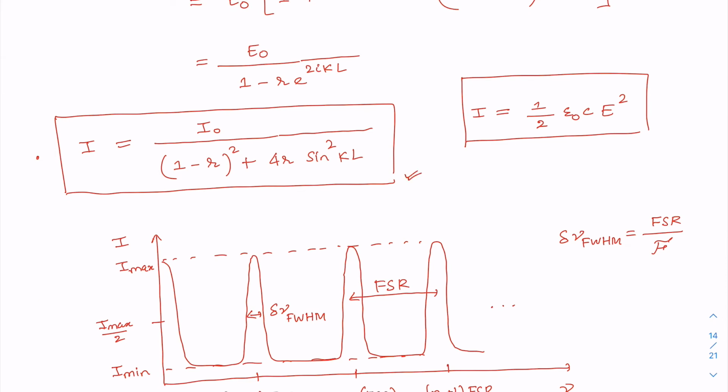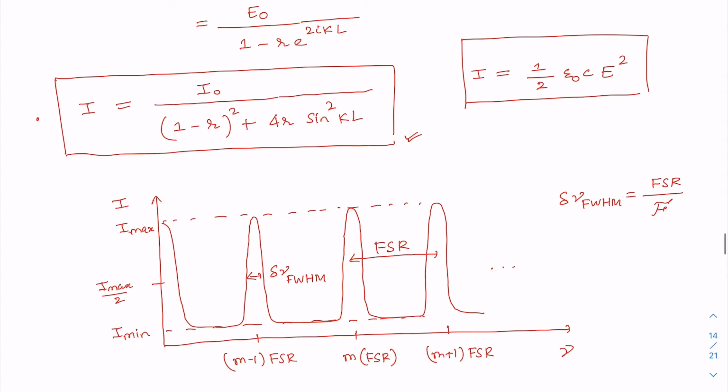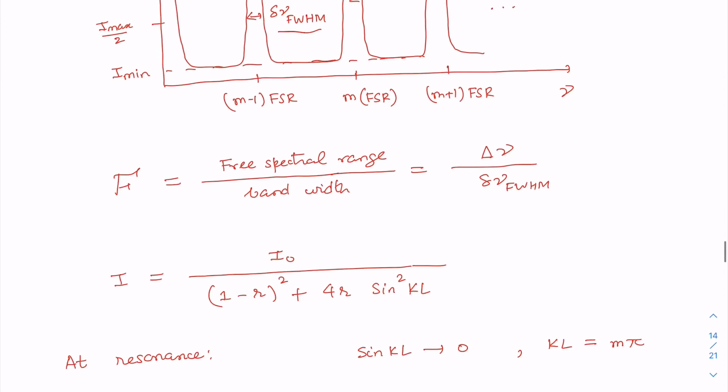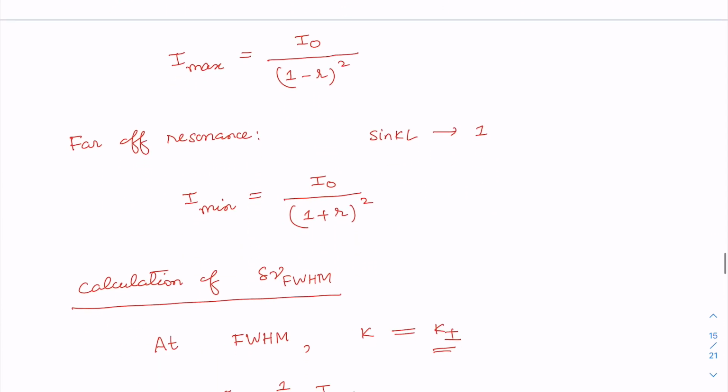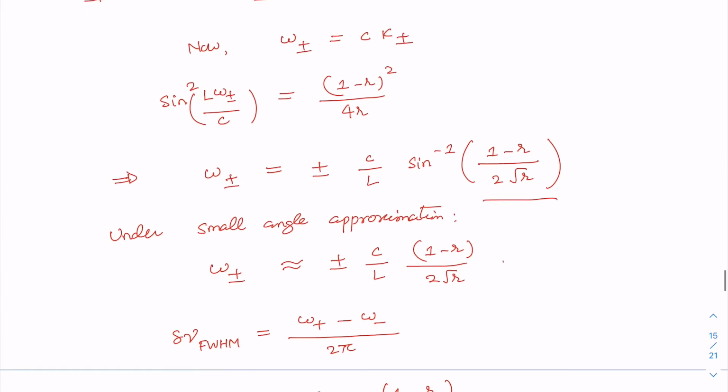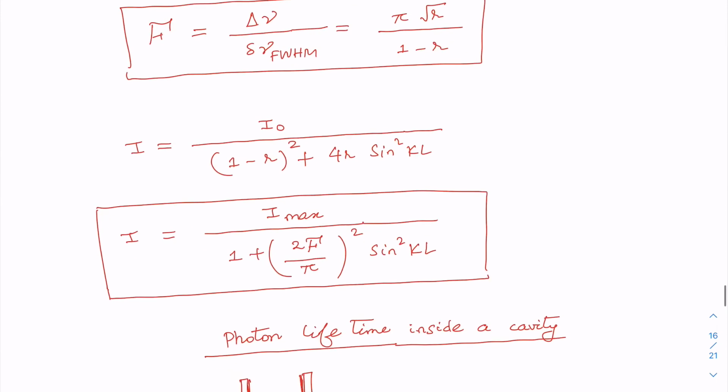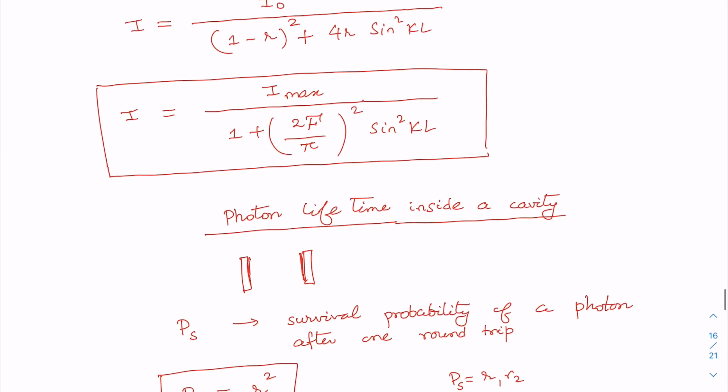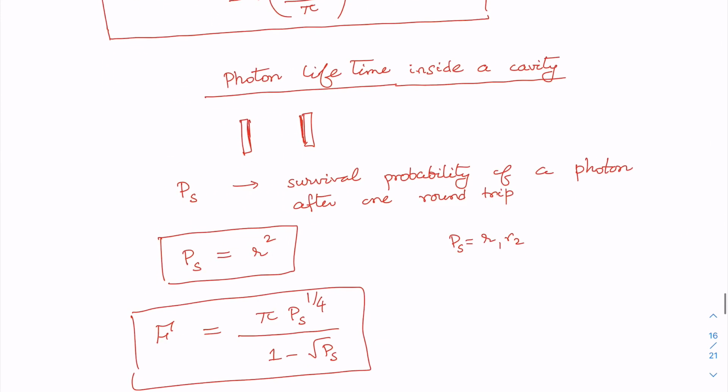From here we can also find that these resonance peaks have some width, known as the full width at half maximum, also called the bandwidth, and we calculated it.